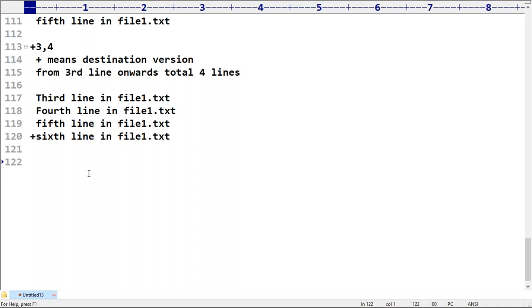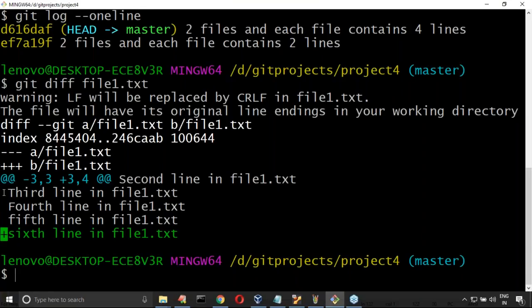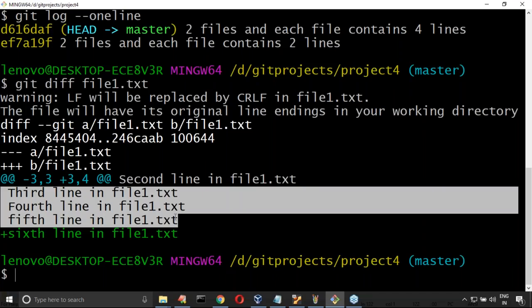If any line starts with the prefix of a space, it is unchanged. These lines are unchanged. In both files, these lines are there.